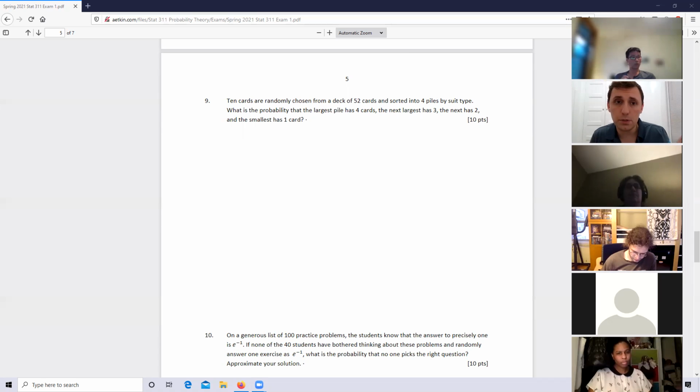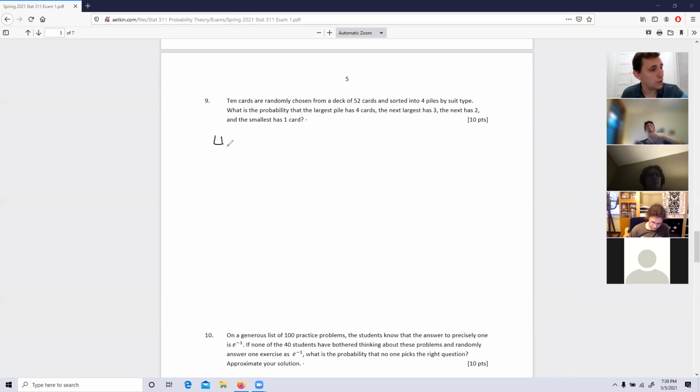So first of all, which suit is largest? There are 4 suits. Which is the next largest, and so on. There are 4 factorial possibilities to assign the order of suits. And then we have 4 cards, and then 3 and whatnot. So it's simply 4 factorial. Then we have 13 choose 4, my apologies, for the first suit.